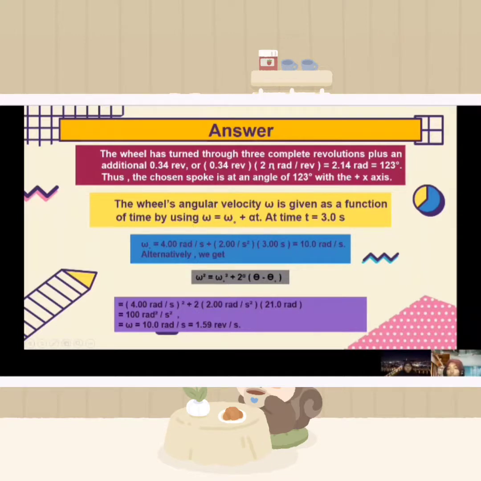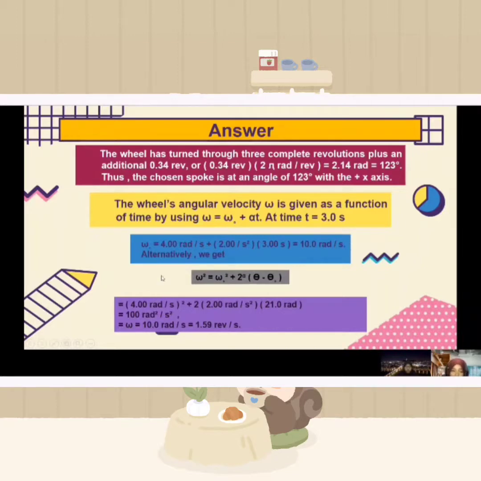The wheel's angular velocity omega is given as a function of time by omega equals omega 0 plus alpha t. At time equals 3.0 seconds, omega equals 4.00 radian per second plus 2.00 radian per second squared times 3.00 seconds, equal to 10.0 radian per second.